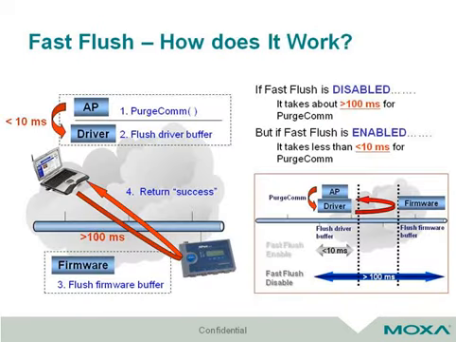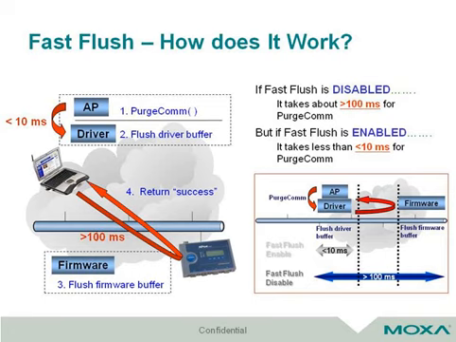This page will show you the difference between enabling and disabling the Fast Flush function. If Fast Flush is disabled, when the application uses the purge command, it will flush the driver buffer, which takes about 10 milliseconds. However, it will also query Nport's firmware to make sure the firmware buffer has been flushed.